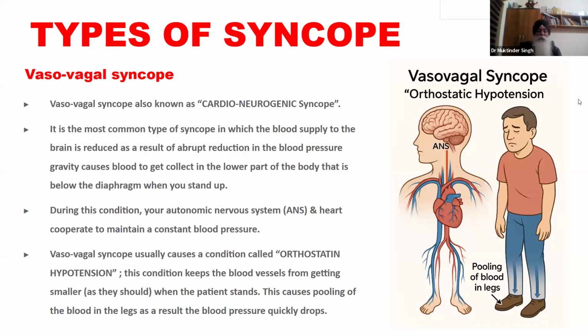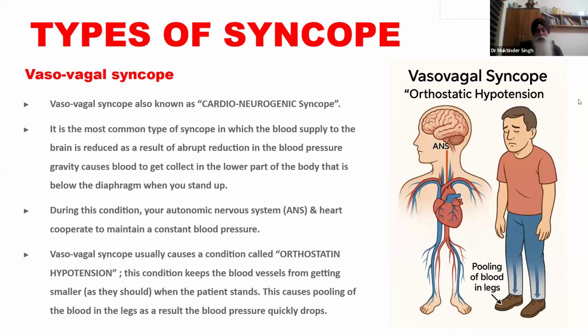This condition keeps the blood vessels from getting smaller. When the patient stands, the vessels should constrict so that the blood is maintained above the head. Instead this causes pooling of blood in the legs, and as a result the blood pressure quickly drops.